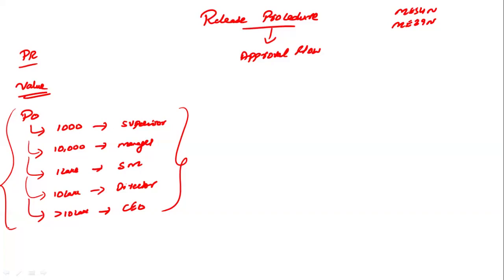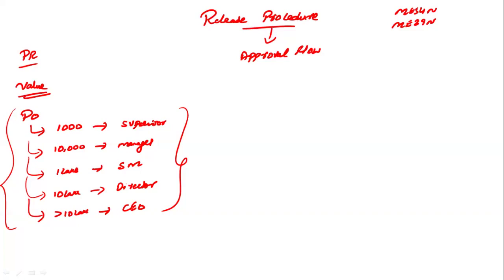If someone is raising a raw material PR for the plant XYZ, then it should go for the other person. If someone is placing the PR for the same material, but the plant is different, then it should go for person B. So based on the conditions, the release strategy will get decided.